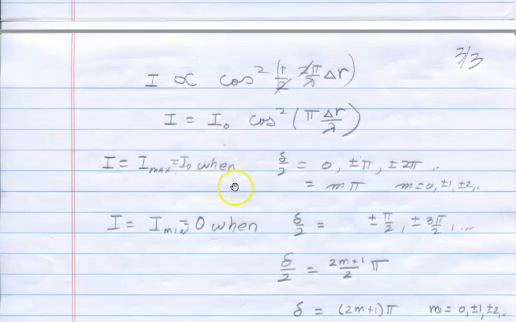That occurs when this factor inside here, this delta over 2, is equal to these values.